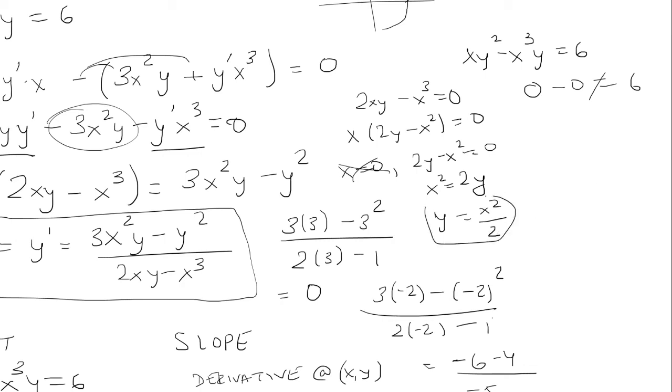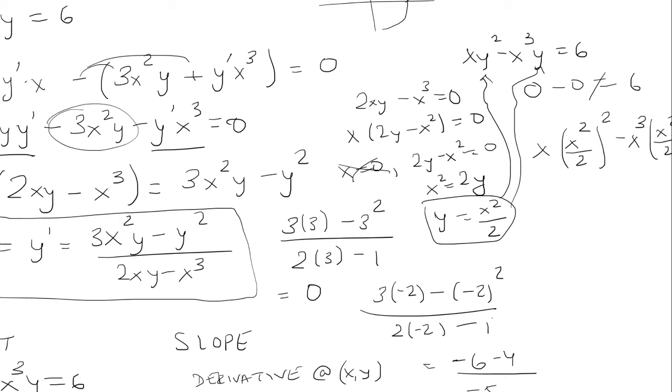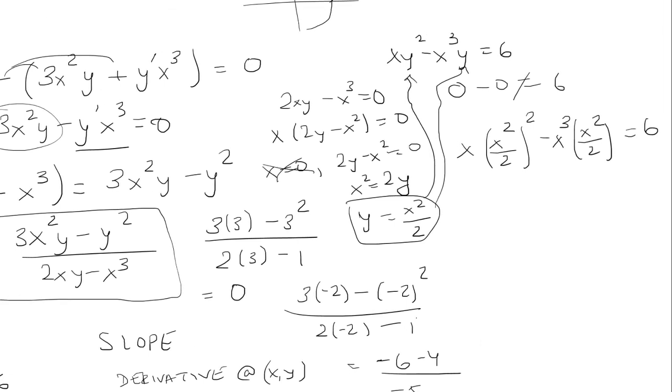Okay, and I'm going to plug that in for each y. So it's xy squared, so it's plugging in x squared over 2 for y, minus x cubed y. Y is just x squared over 2 equals 6. And I can solve for x now. So I have x squared squared is x to the 4th over 2. Multiply that by x is x to the 5th over 2 squared, which is 4.